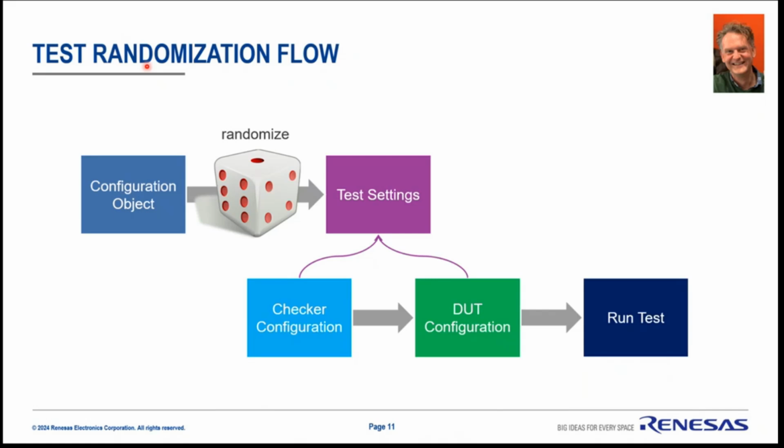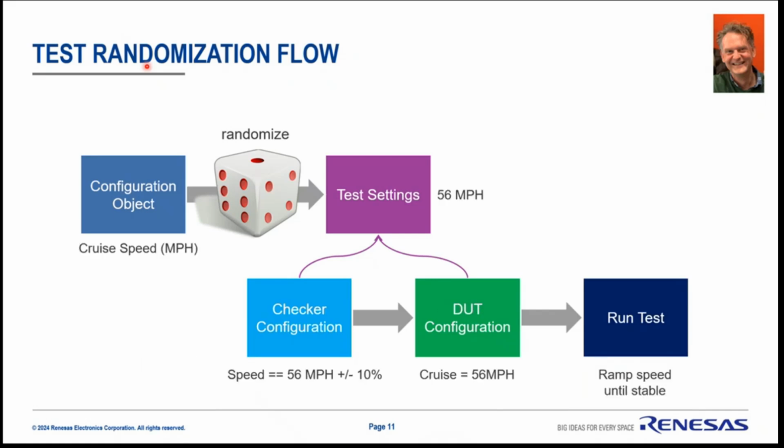Peter came up with a very good example of this, to explain it to some of the guys working in the mixed signal space who were not convinced about randomization. Let's say we have a cruise control system. The configuration object is holding the cruise speed. We randomize it for a test, and that comes up with 56 miles an hour. Our checker needs to be configured to measure the speed.